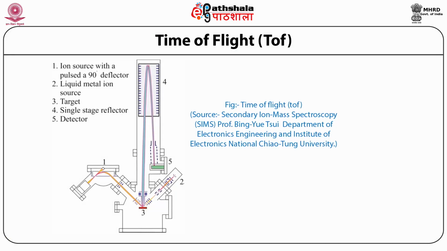Here we have the ion source with a pulsed 90-degree deflector, then we have the liquid metal ion source, then the target, and then a single stage reflector, and a detector, of course. The different parts along the slide are shown in the diagram.